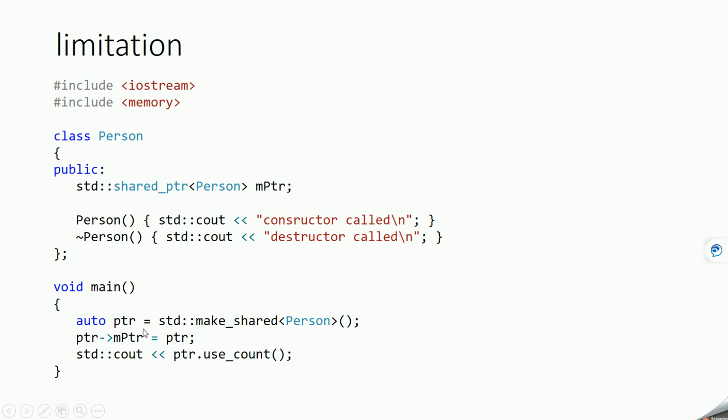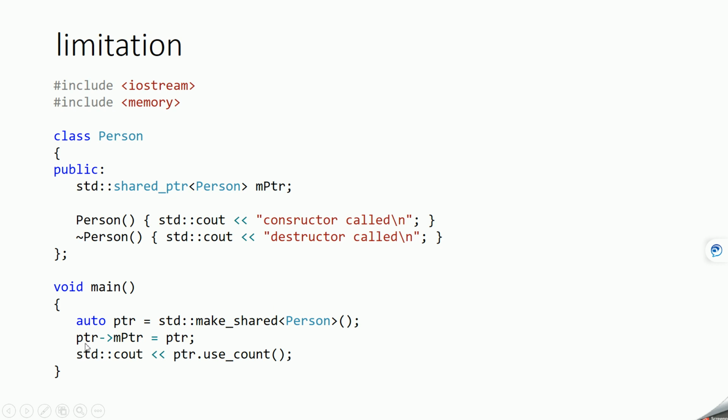And in main what we are doing, we are creating a smart pointer using make shared of type this person. So at this time we'll get one pointer which will be pointing to some memory.